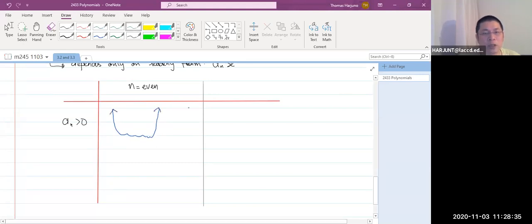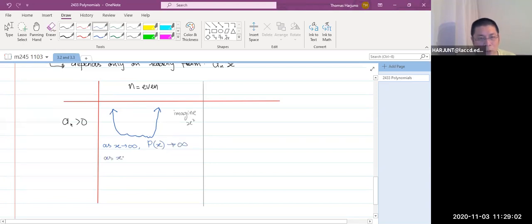The hint is to imagine x squared. In other words, as x goes to positive infinity, when you go very far to the right, the polynomial will go to infinity.